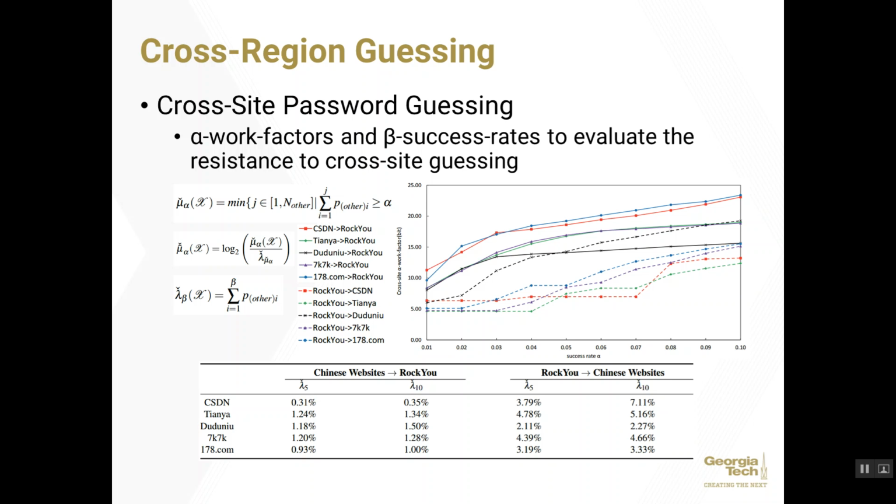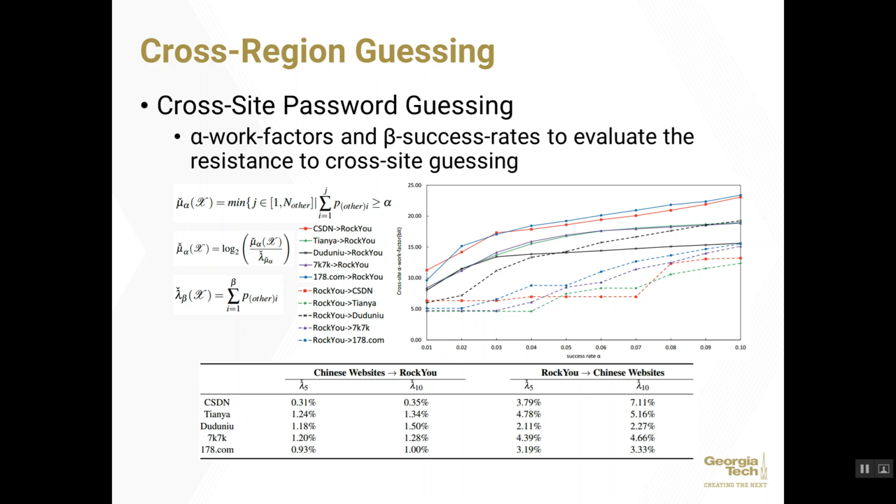The results of alpha work factors and beta success rates of cross-site guessing are shown in the picture, where we can conclude that cross-site guessing is much harder than intra-site guessing. A lower beta success rate means that the probability of correct guesses within beta guesses is lower.